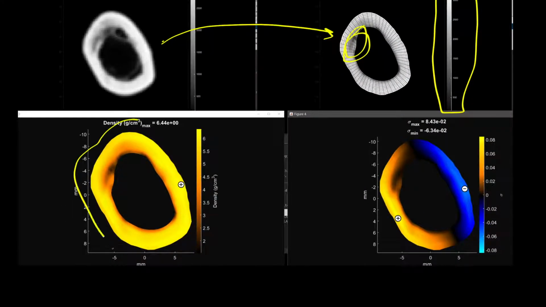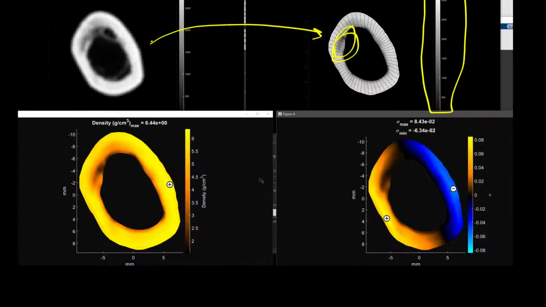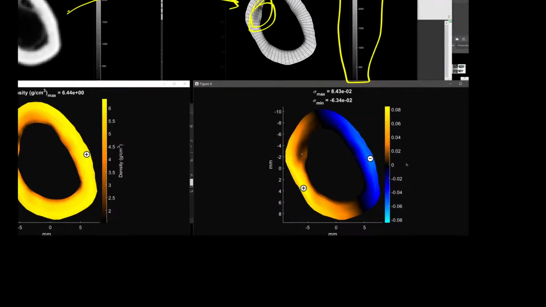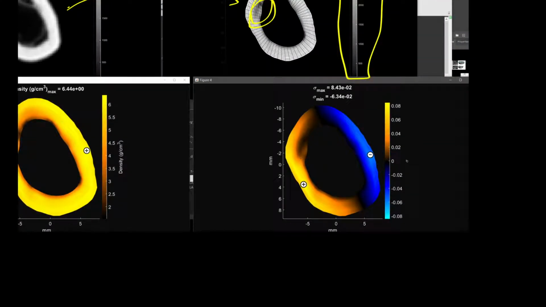This is showing the distribution of bone density. We can see the greatest area of bone density is right here. And then what I did is I simulated how this cross-section of bone would respond if you applied a bending force to it. So what's happening is we're looking at the stress induced by a bending force.